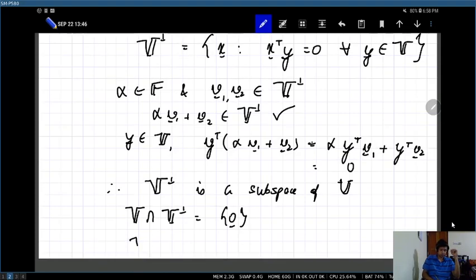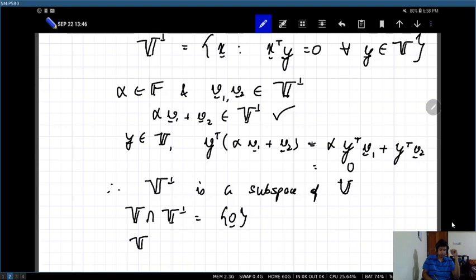The second property is that, unlike the set complement, the orthogonal complement does not satisfy this property, right?